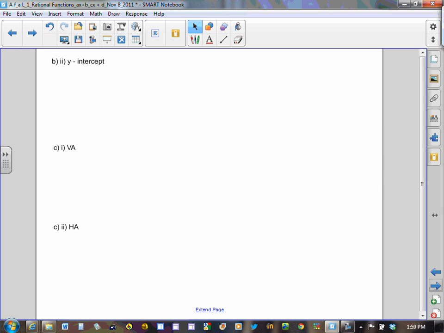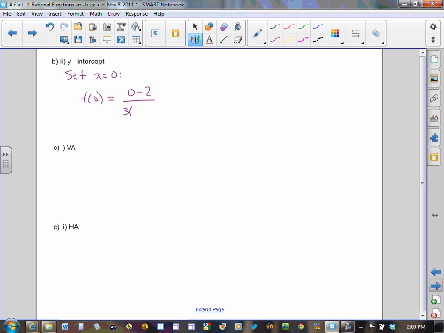The y-intercept: in this case we set x to 0, so we'll determine f(0). Substituting in 0 for x, it looks to be that we'll have -2 over 4, or -1/2.